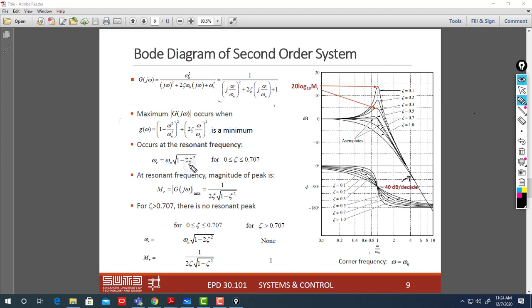So this is more general. If you neglect the damping effect, then you can say the resonant frequency equals the natural frequency. But if it's not the case, it's close to it. That's why most of the time we consider the resonant frequency equal to the natural frequency.